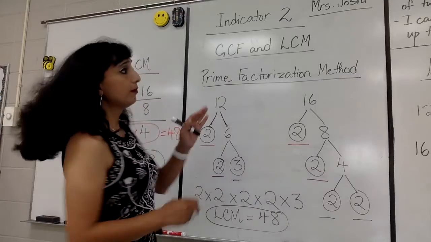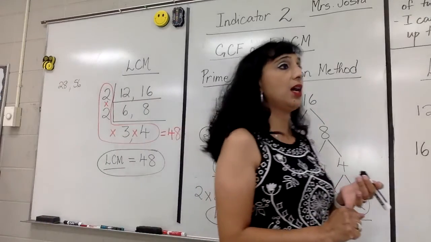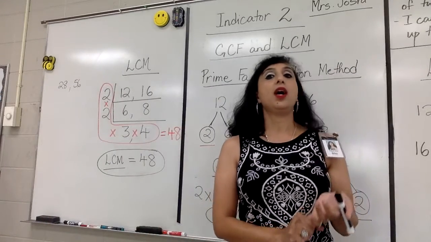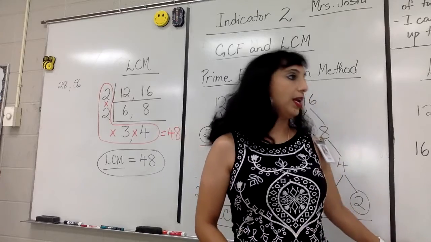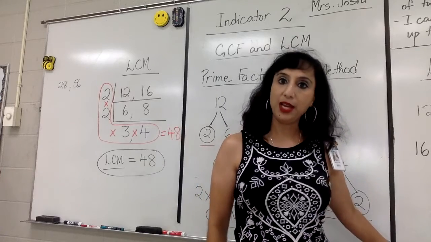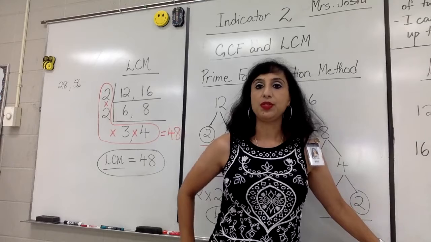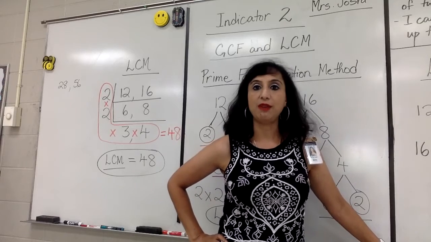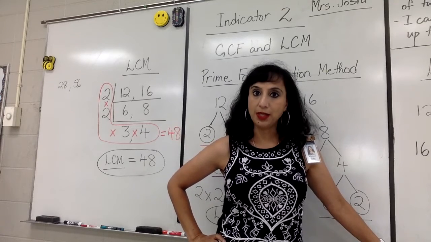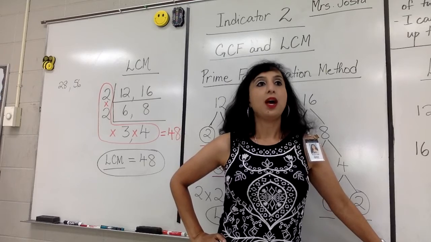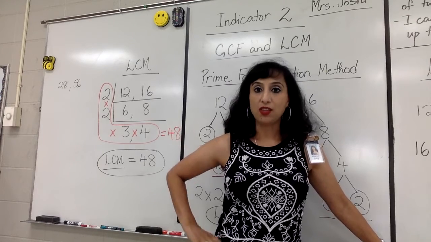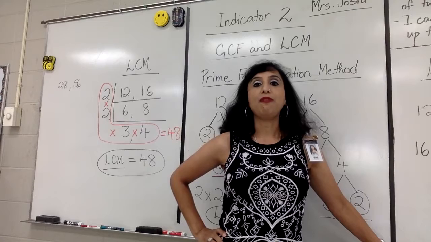Okay. So once again, try out those practice problems that I have put on my webpage for you to see the difference between greatest common factor and least common multiple. And once again, greatest common factor, we talk about factors.